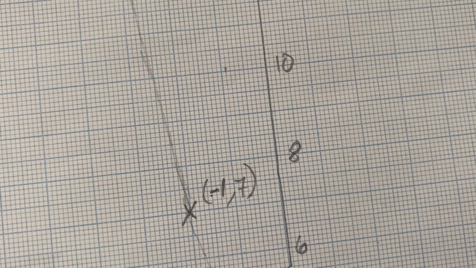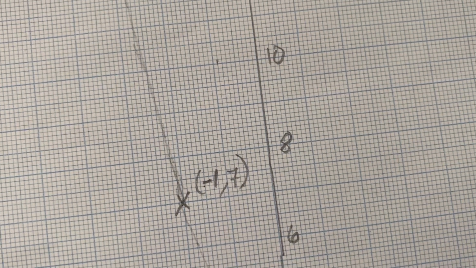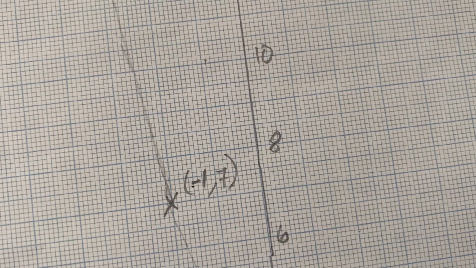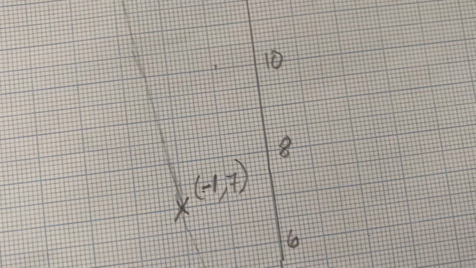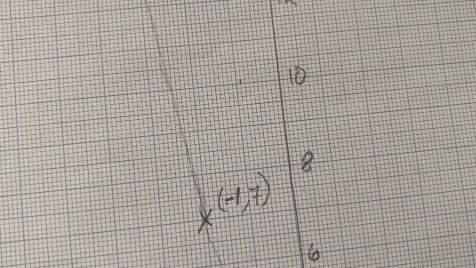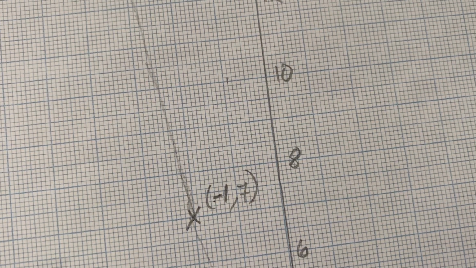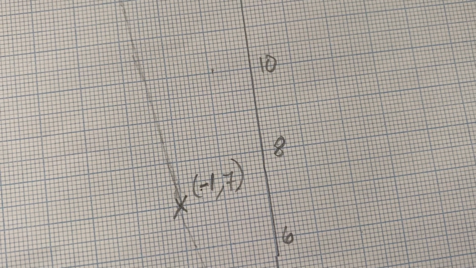So first of all, part A, plot the points on the graph, or the coordinates on the graph paper, which you've done. So I've shown you the graph. From the graph, find the values of x for which y has a minimum value.